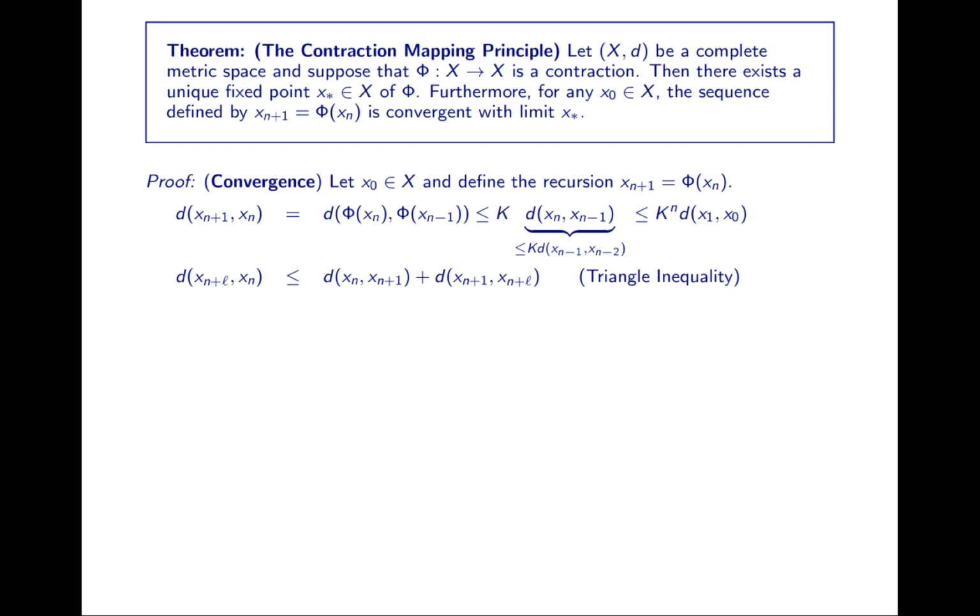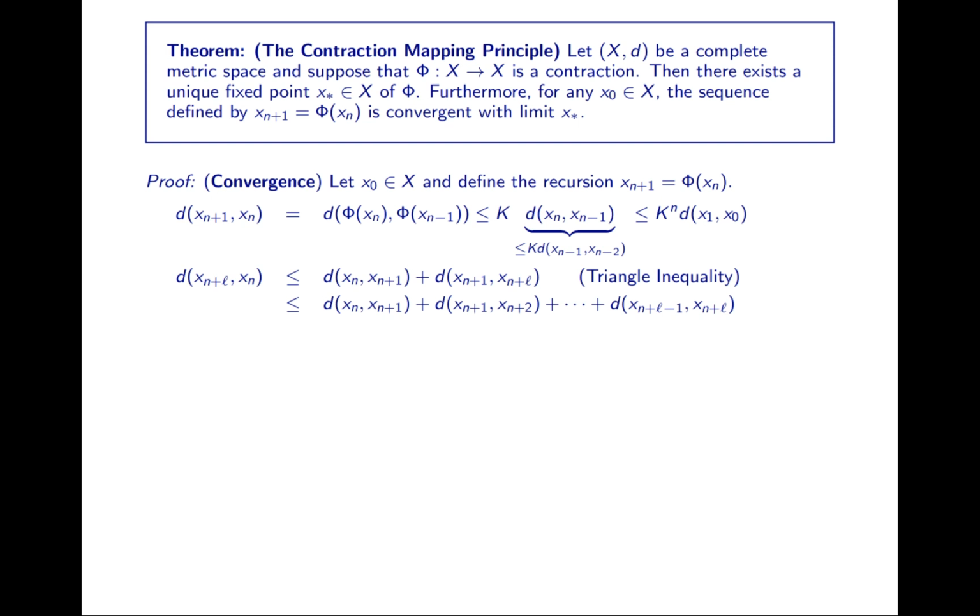Now, the distance between xn and xn plus L, so L is later on some point in my recursion, is less than or equal to the distance if I took a detour to xn plus 1. Right, that's just an application of the triangle inequality. If instead of going from xn to xn plus L and computing that distance, I detoured to xn plus 1 and then went to xn plus L, then either that trip took me longer or it took me the same amount of time if xn plus 1 was on the way.